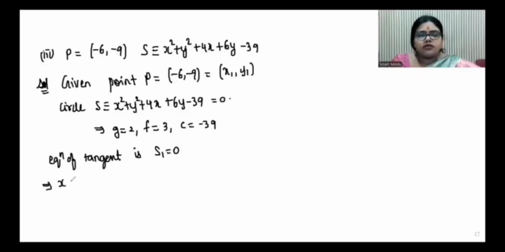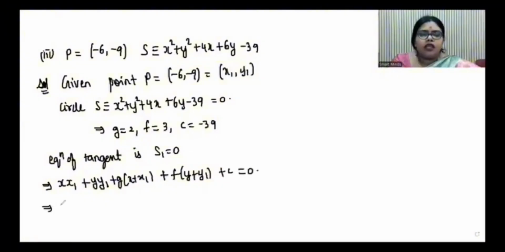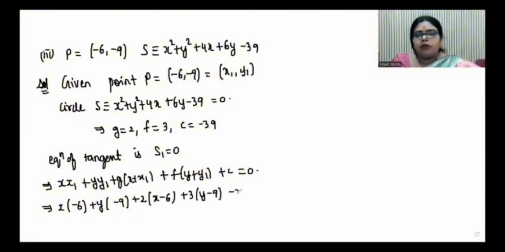Whenever S1 = 0 comes, we take this formula: xx1 + yy1 + g(x + x1) + f(y + y1) + c = 0. Now we substitute the values. x into -6 plus y into -9, plus 2 into (x - 6), plus 3 into (y - 9), minus 39 is 0.